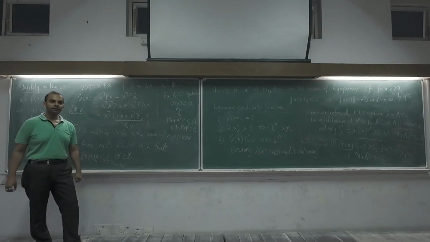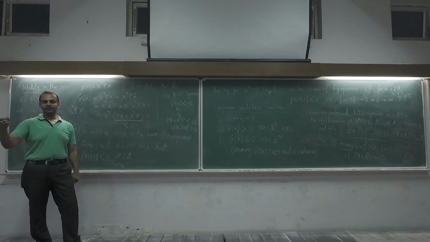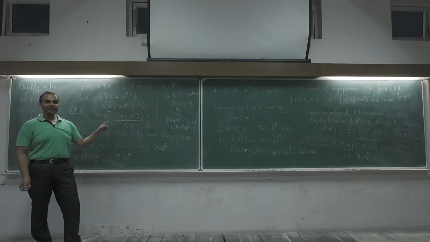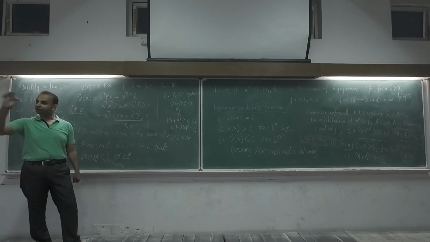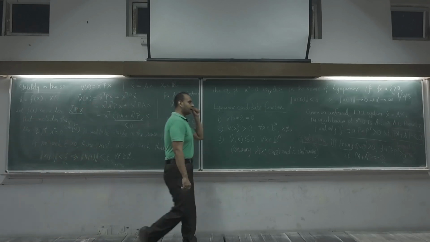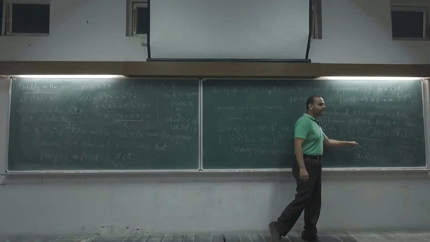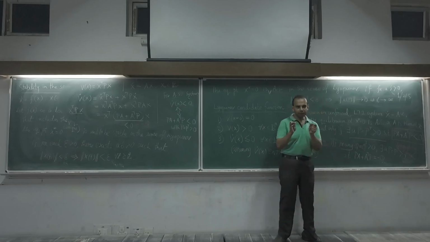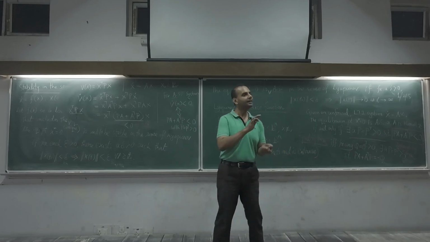For an equality, you simply solve a system of algebraic equations, right? But for an inequality, you will have to apply a different kind of algorithm. The concept remains the same. One is the inequality version, the other is the equality version.